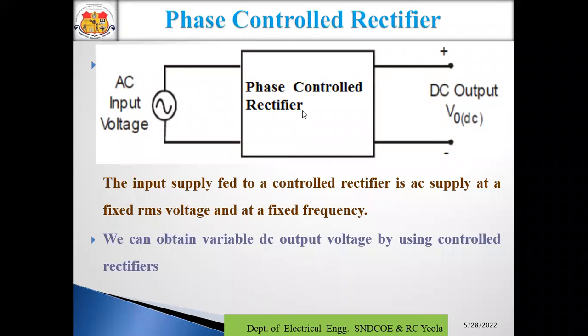So the input supply fed to the control rectifier is an AC supply at fixed RMS voltage and fixed frequency, and we can obtain a variable DC output voltage by using the control rectifier. So this is the basic fundamental concept of the phase control rectifier.